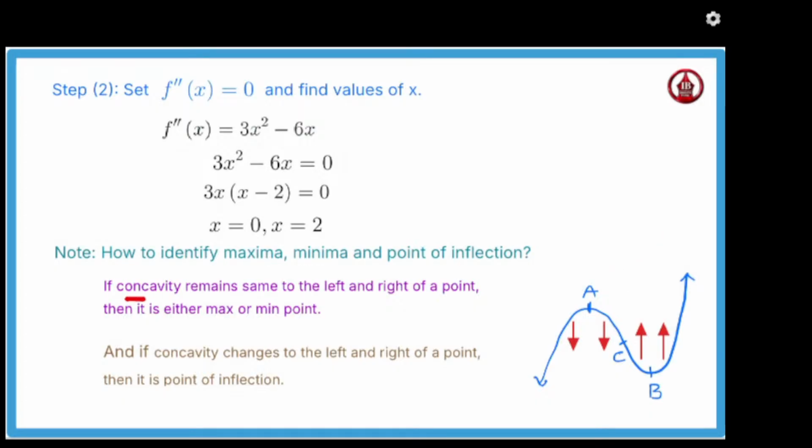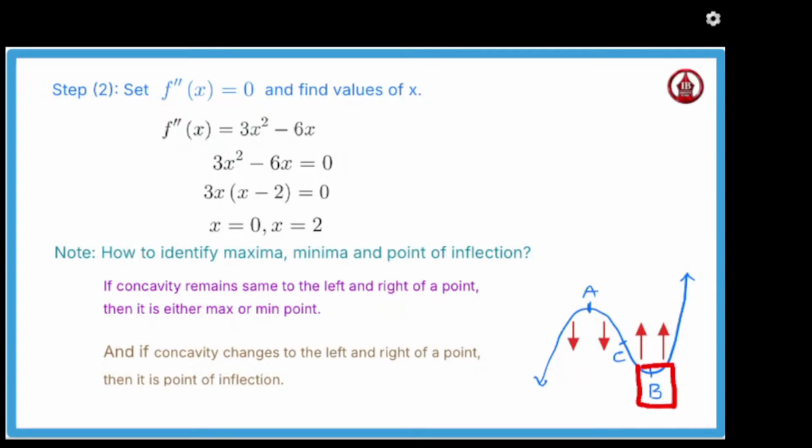See, if concavity remains the same to the left and to the right of a point, then it is either a maximum or minimum point. For example, look at this point. You know that this point A is a maximum point. See, before point A, it is concave down. After point A, still it is concave down. So concavity is not changing. Therefore, it is a maximum point.